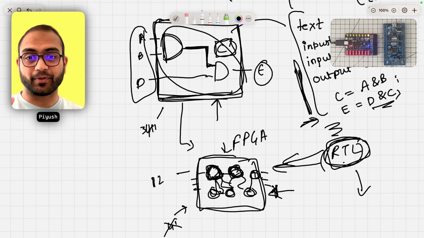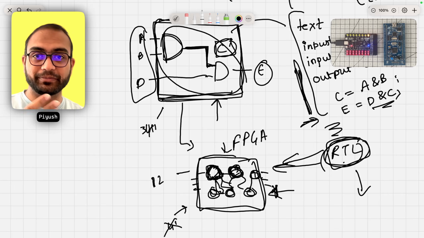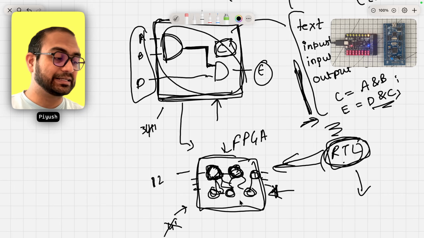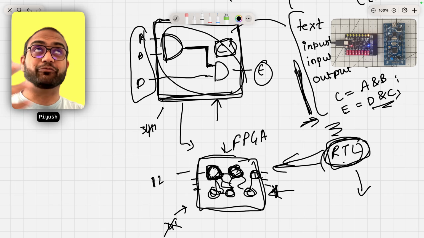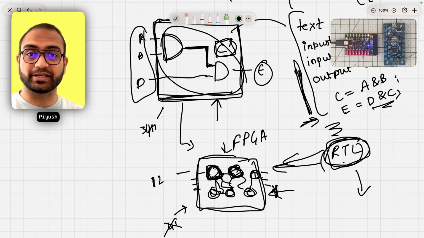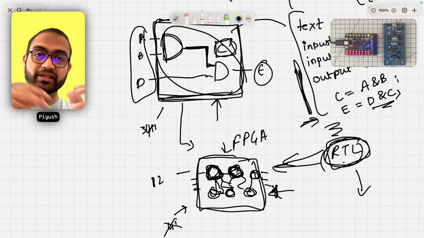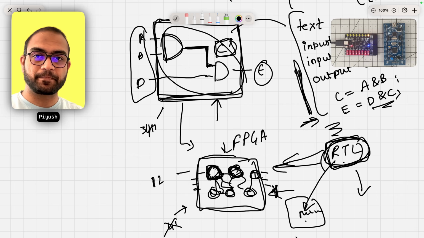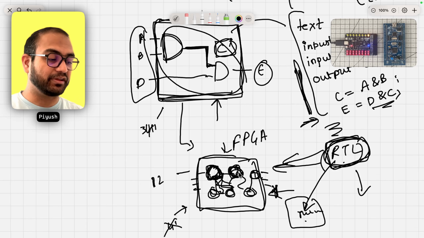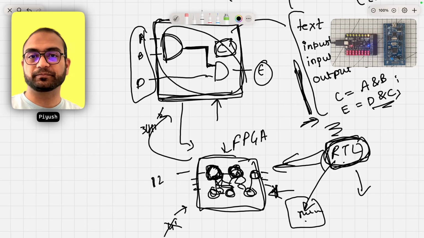So hopefully now I'm able to cement that idea again, that an FPGA has Lego blocks that you can connect together using the configuration in the memory. So in this case of the CPU, this RTL will go in the memory, and then the FPGA reads that and rewires itself to become the CPU.